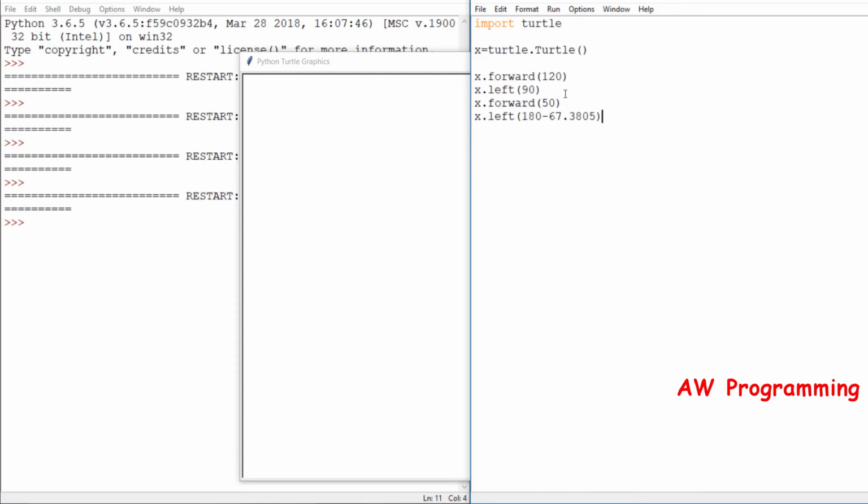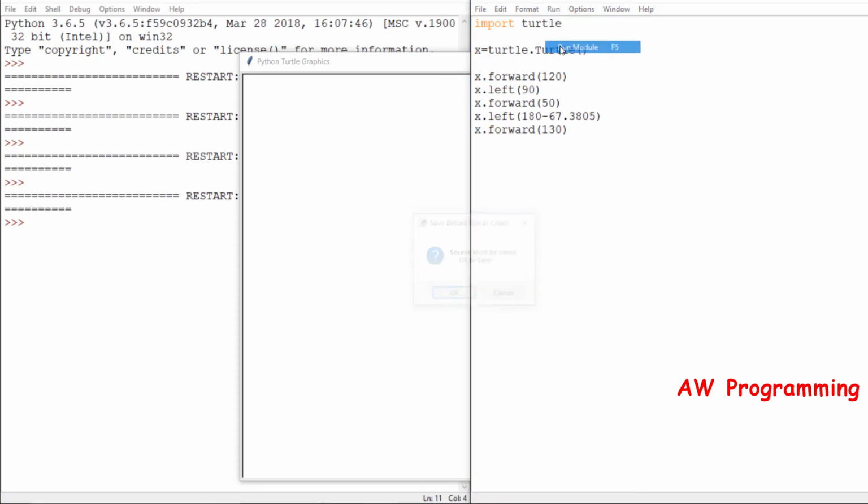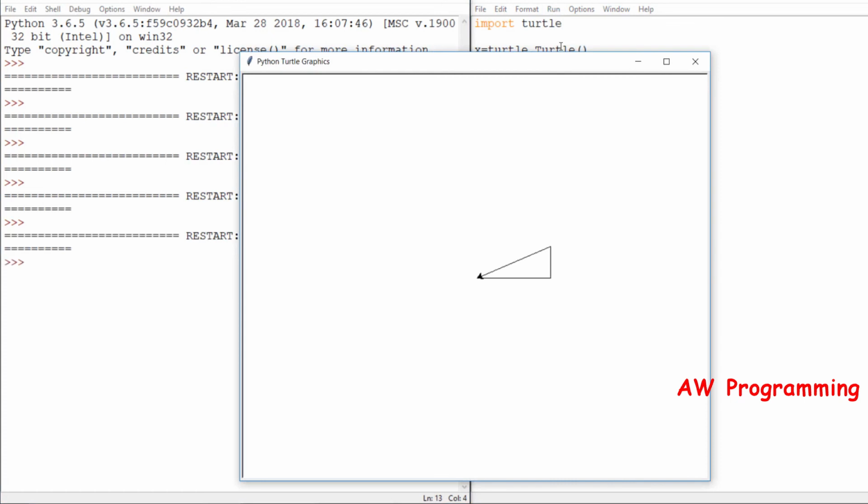You can google it and calculate on the internet. So I'll write 180 minus 67.3805. Let's write x.forward, since I know the distance, which is 130. Now let's run it. Yes, you can see we have got a right angle triangle with this side 120, this 50, and the hypotenuse equal to 130.